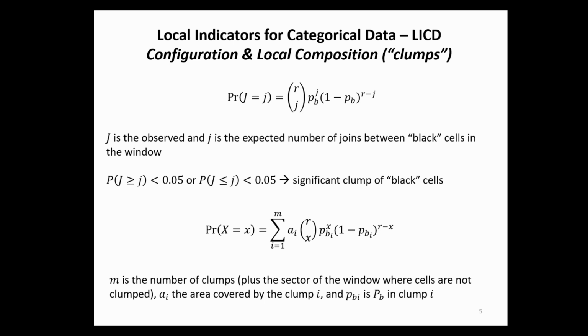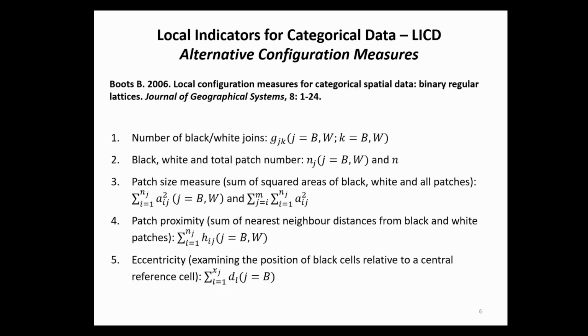Then we use a summatory that analyzes the probability of having clumps, so clusters, and their size, and then sums them all up for the area of the window. As you can see, this method is fairly sophisticated, but really complicated, especially if we're not dealing with a regular lattice. And this is something we need to consider later on.